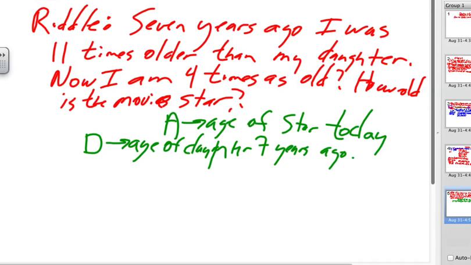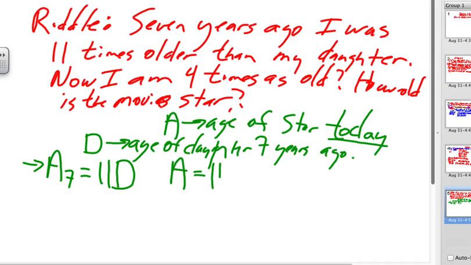Okay, so the age 7 years ago that he was is going to equal 11D. Now this is the movie star's age 7 years ago. We're looking for what his age is today. So the age today would be the age he was 7 years ago plus 7 years.